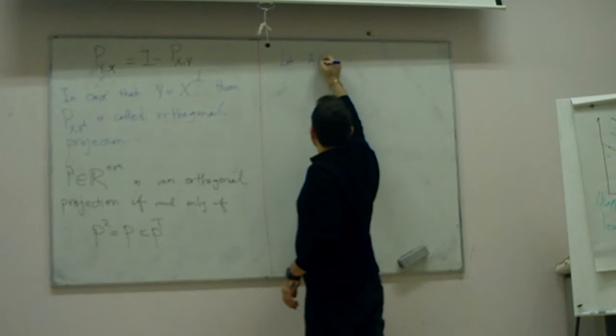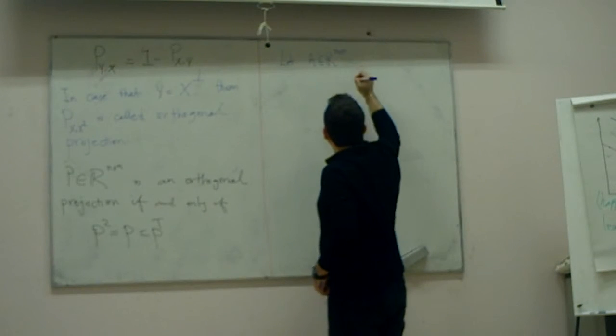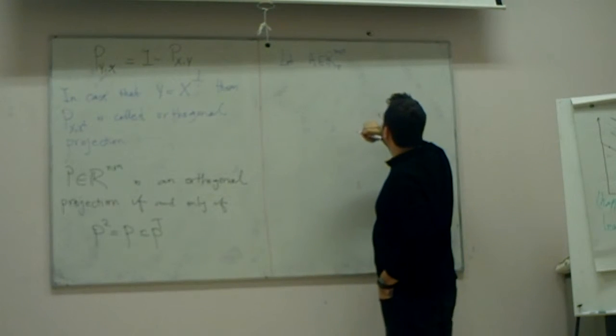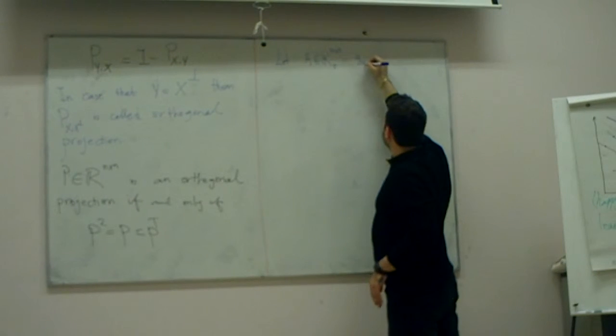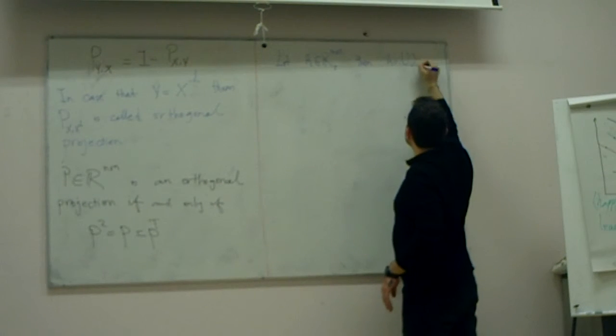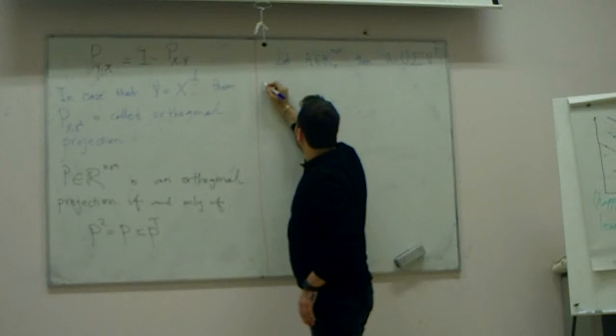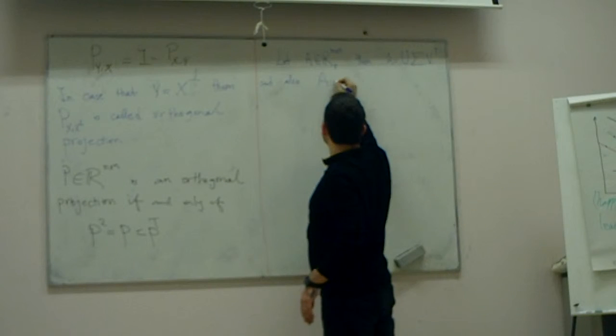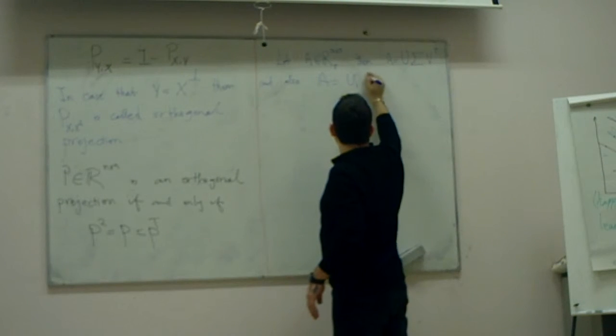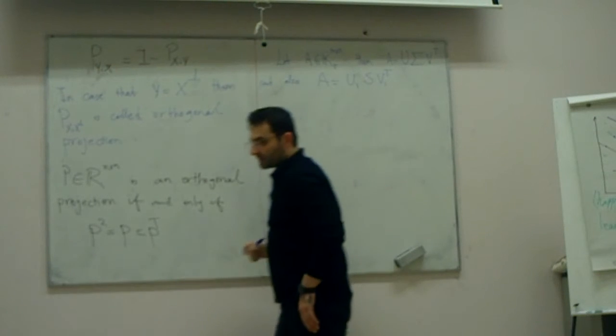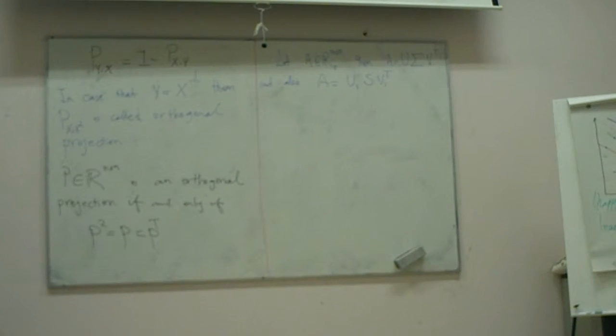Let A be in R m by n, with rank r. Then we know that A can be written as U sigma V transpose, and also it can be written as U1 S V1 transpose. What is the size of U?